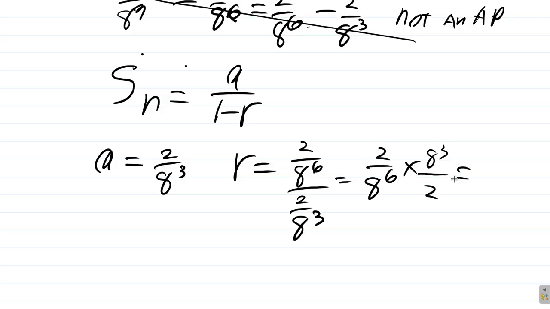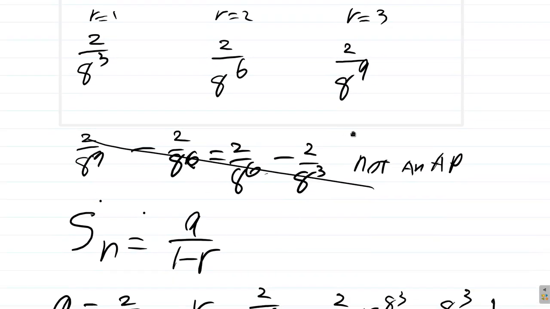So here the 2 cancels the 2. It's 8 to the 3 over 8 to the 6, and when you cancel them out, you subtract the powers. This would be 1 over 8 to the power of 3. That's the common ratio.